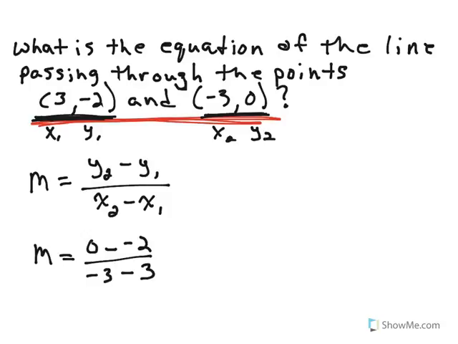Again, minus a negative becomes plus. So our slope becomes 2 over negative 6. Reduce that fraction and pull the negative out in front, and that gives us a slope of negative 1/3.